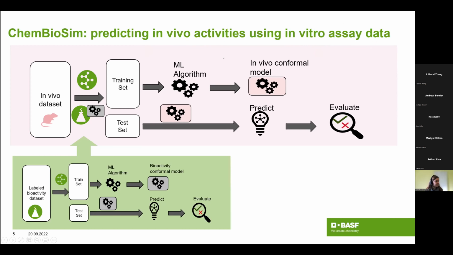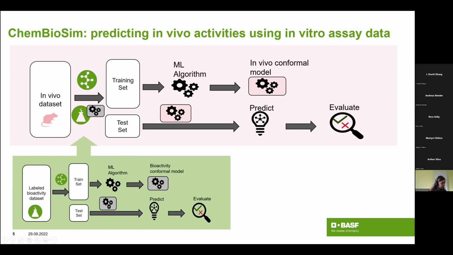Okay, perfect. So what we try to do is, we thought, why not use in vitro assay data as descriptors for machine learning. So we started with a labeled bioactivity data set, just calculating normal structural descriptors, for example, fingerprints and, in the RDKit, the physicochemical descriptors, then divided this into a training and a test set, used the training set to come up with conformal prediction models for the bioactivity values, then of course evaluated the test set, and then we basically plugged those bioactivity descriptors in for the in vivo data set.